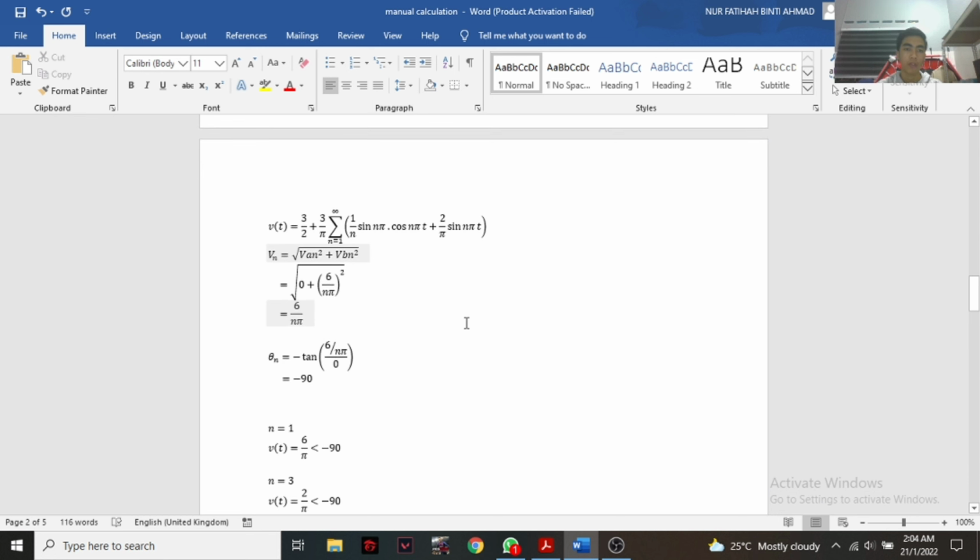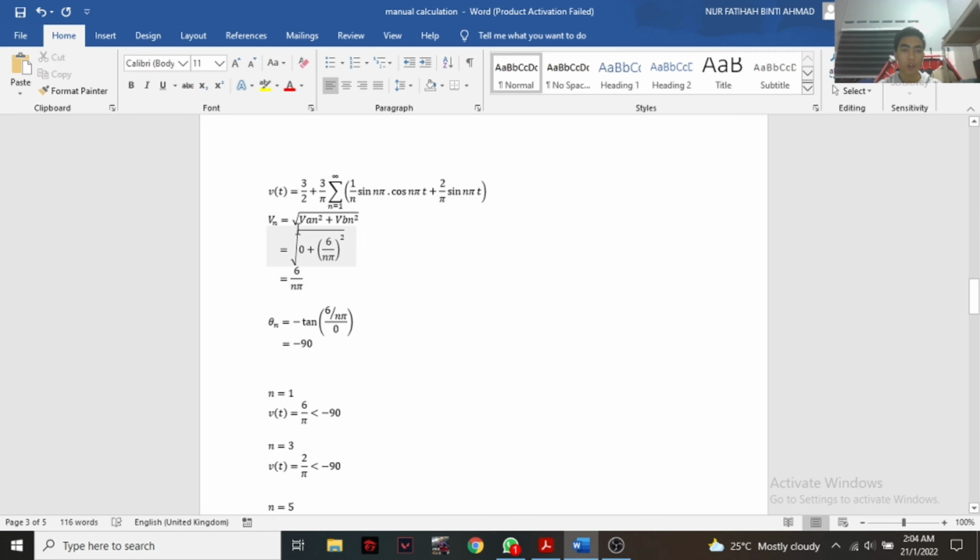Okay, next we can use this formula, which is 3/2 plus 3/pi summation of 1/n sin n omega, cos n pi t plus 2/pi sin n pi t. For the Vn, we can use this formula, which is the square root of Van to the power of 2 plus Vbn to the power of 2, and we insert the values of Van and Vbn, and we calculate, and we get 6/n pi.